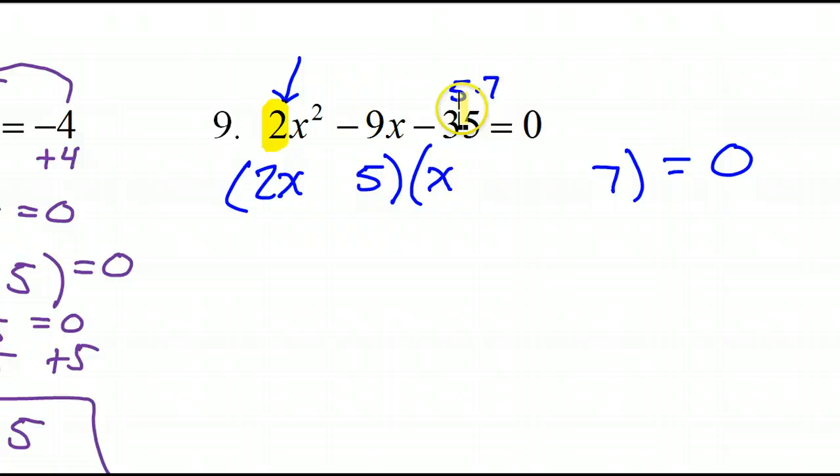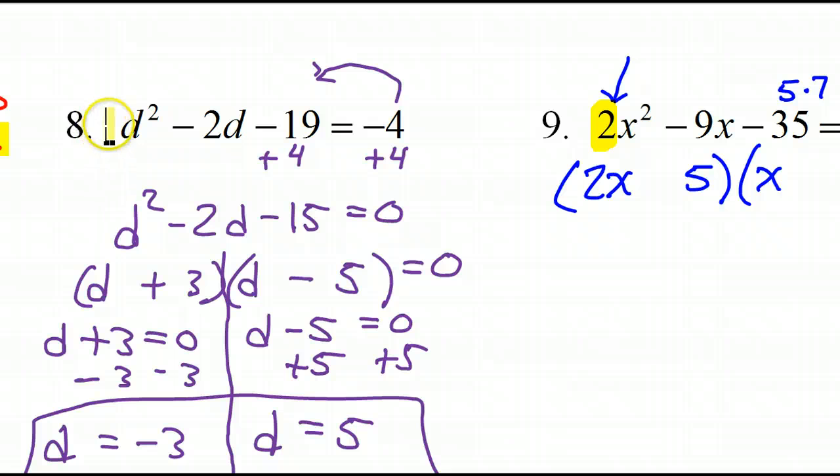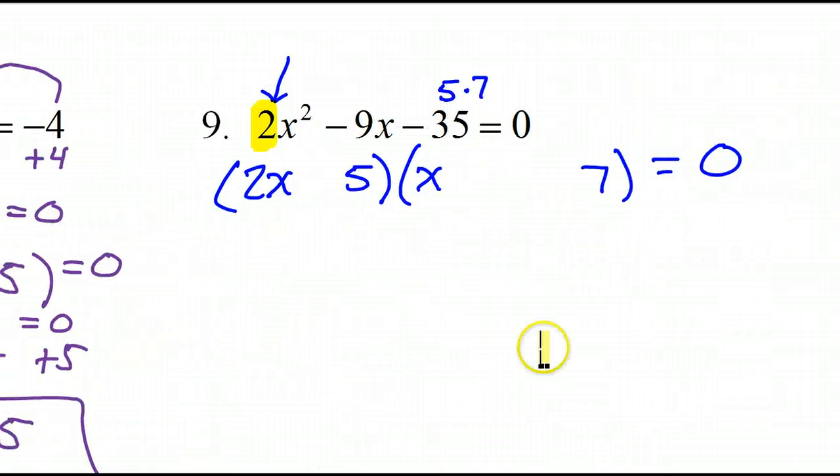I have no business looking at the 9 and trying to get that out of just 5 and 7. That only works when there's a leading coefficient of 1, when there's no visible number in front. If there's something here, like a 2, I really have to do the inner plus outer equals middle analysis.